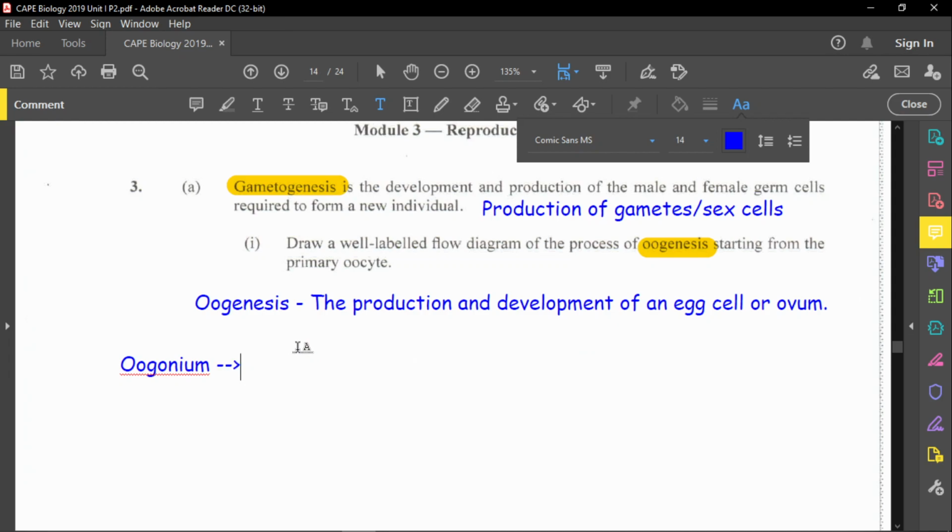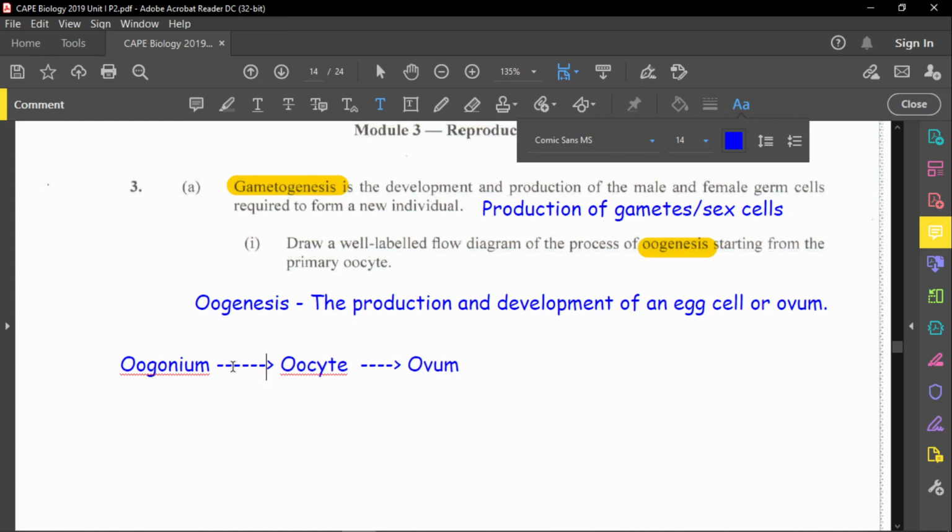The oogonium will produce oocyte, and oocyte will eventually lead into ovum. I just want to give you this flow diagram first. We'll not even start answering the question yet. All I want to give you is some information here. Oogonium will turn into oocyte, and oocyte will turn into ovum.